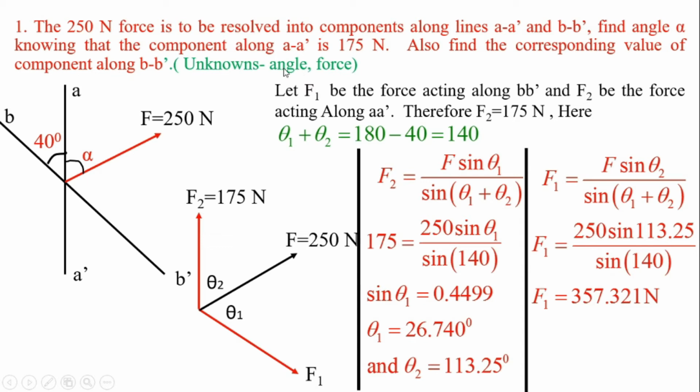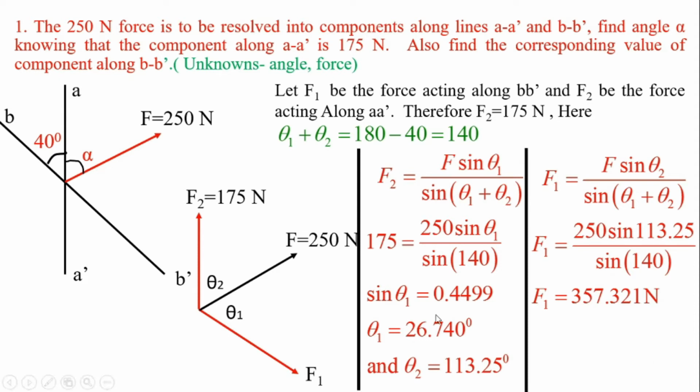to us, the angle. And it is asked to calculate the corresponding value of the component along BB dash. Component along BB dash is F1. So let us use the equation for F1. F1 is equal to F sin of theta 2 upon sin of theta 1 plus theta 2. F1 is equal to F, which is 250, sin of theta 2.